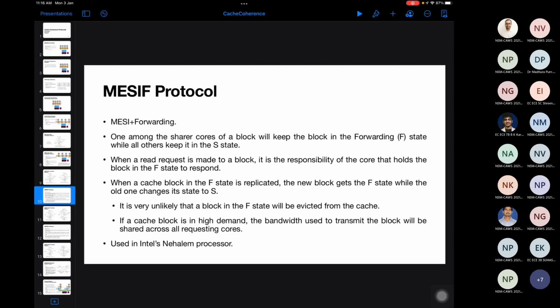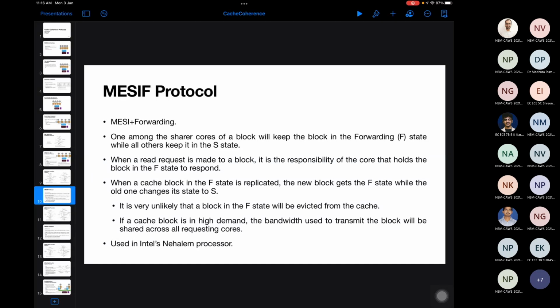If someone requires the data, then the core with the F state is going to forward it. That means we are just electing a leader among all the sharers, and this leader is going to supply the data if anyone requests it.